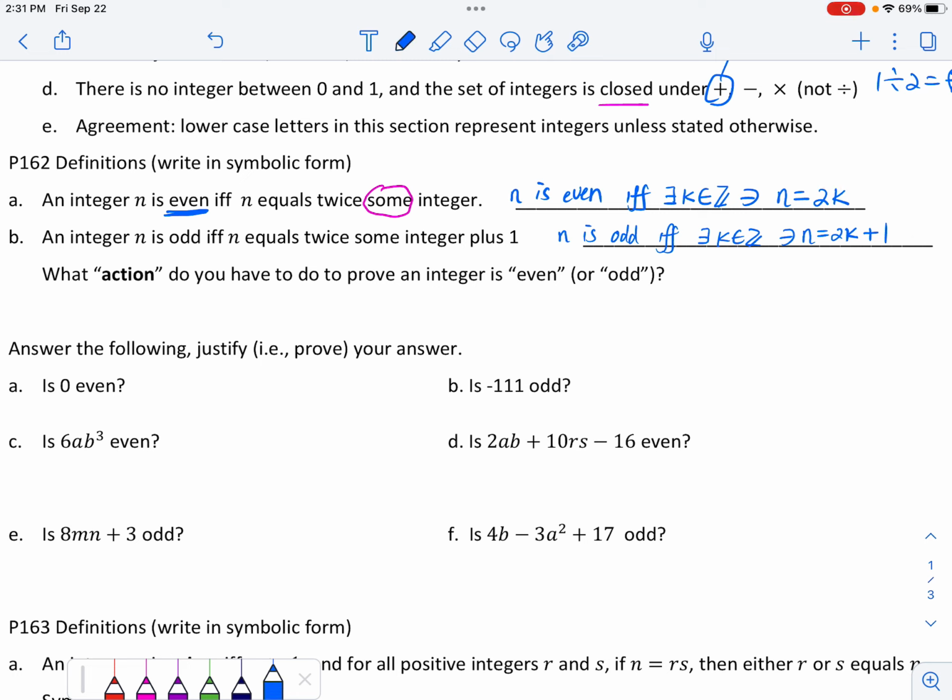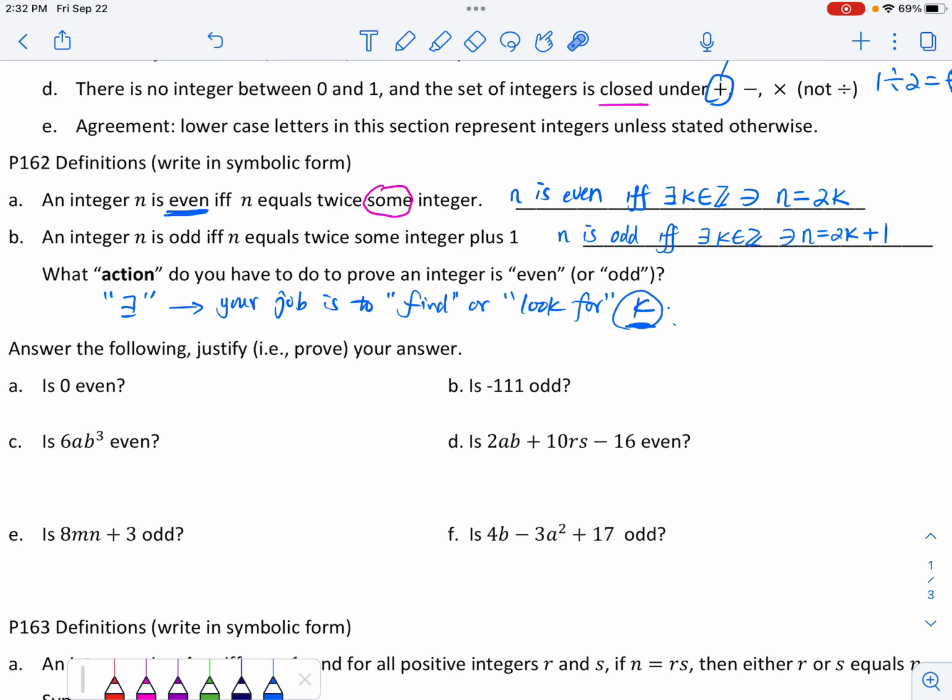Therefore, because of the exists symbol, your job is to find, or look for, such a k. So you are trying to find the k. Once you find the k so that it's true here, then you say it's even, and if it is true for the odd form, then you claim it is odd.